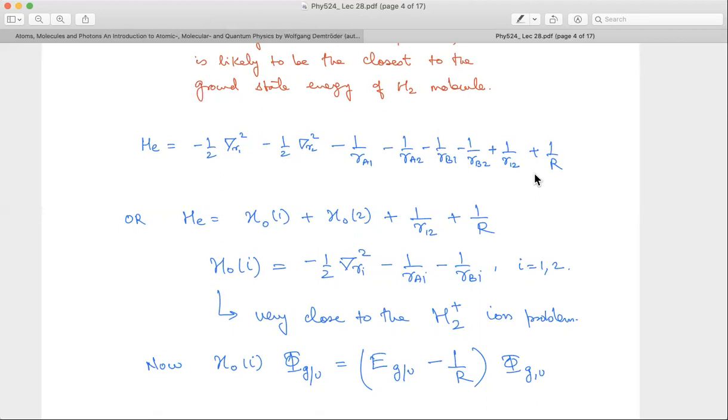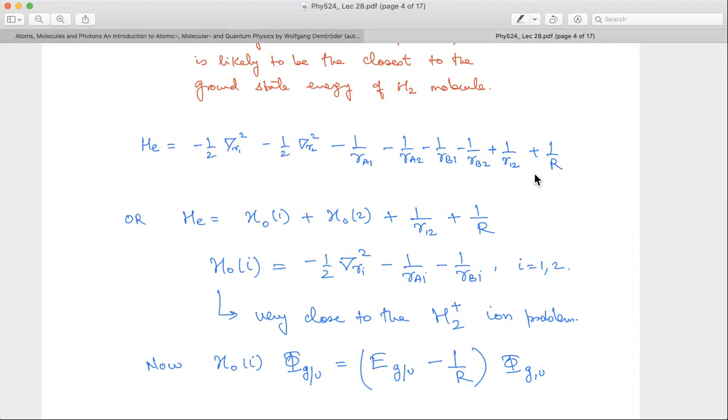Okay, yeah. So this is basically then the expectation value, right? It is the expectation value, yes. But 1 by R, so ψg doesn't depend on 1 by R, and ψu also doesn't depend on 1 by R. Okay, then fine, expectation value.